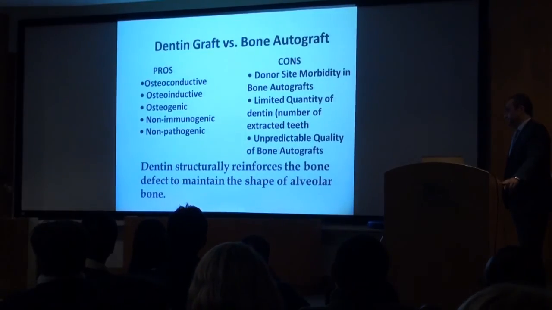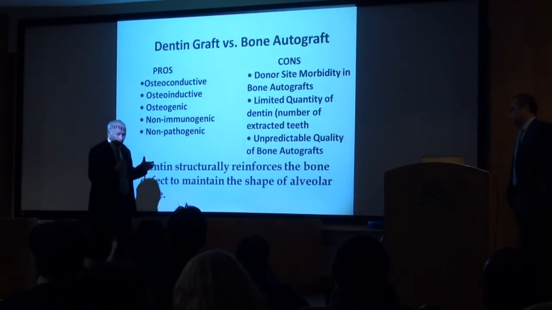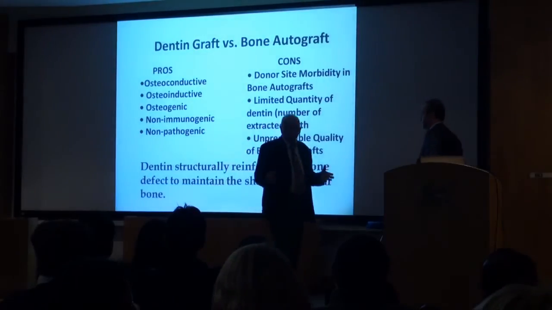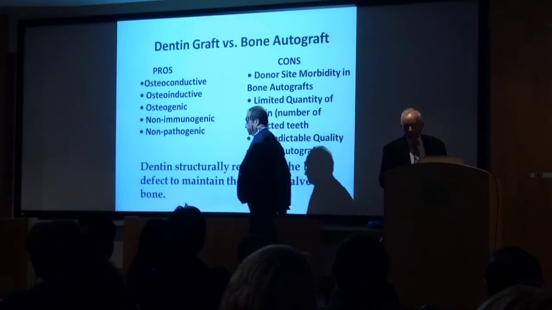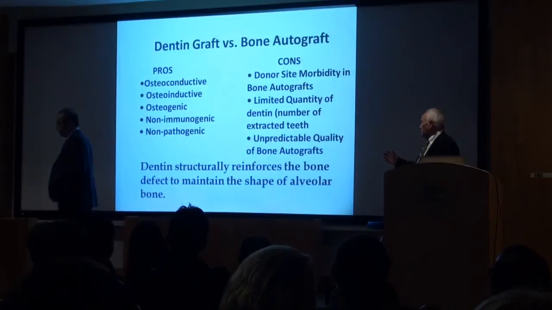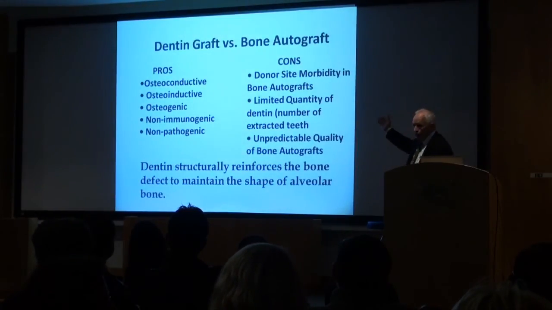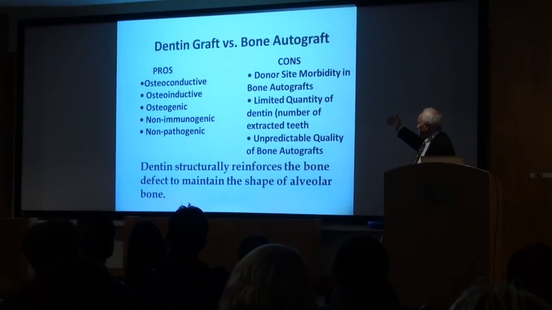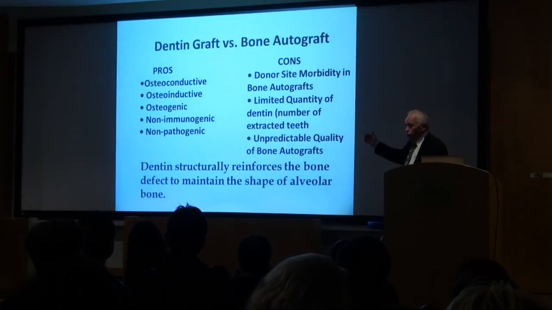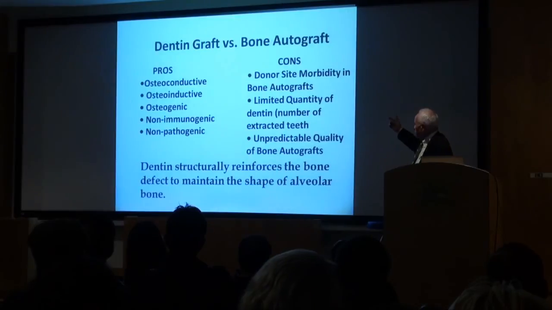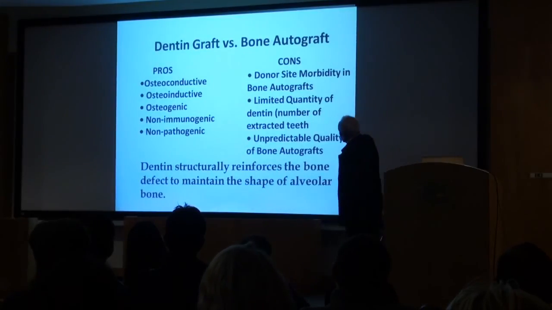Well, the advantages that you see here between using cortical autogenous bone and dentin teeth. So we know the morbidity of the bone autografts, and the limited quantity, and usually there's a contraindication.